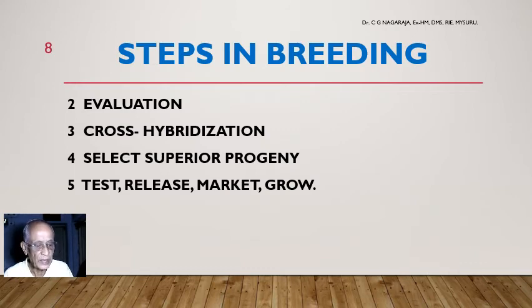You can say I want IR48. In wheat, you can say I want Sona. So like that you can select the things, it goes to market, and then it grows, and the yield will come. And that is the 5 steps now used in the breeding experiments. Please remember these 5 steps, don't forget it.